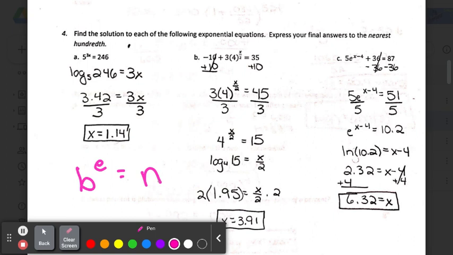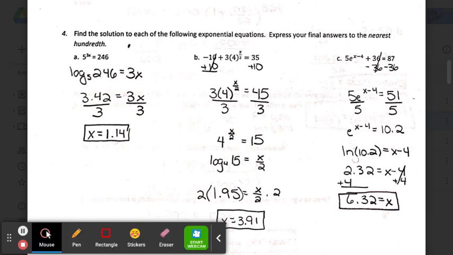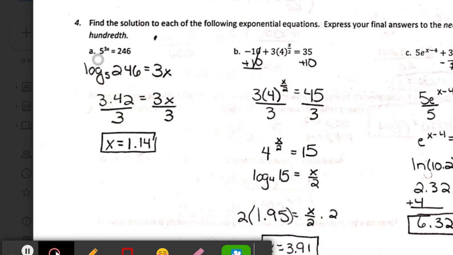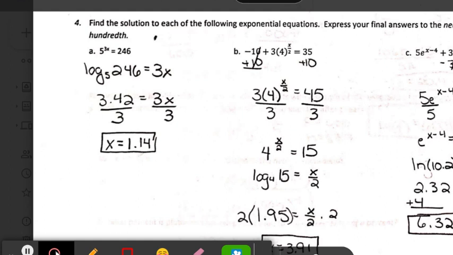So I'm going to use this philosophy to explain all of these. I'm going to zoom in for a sec. Here, 5 is the base, 3x is the exponent, and 246 is the number.